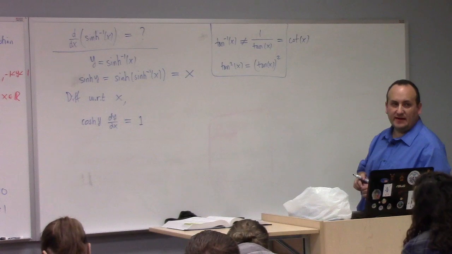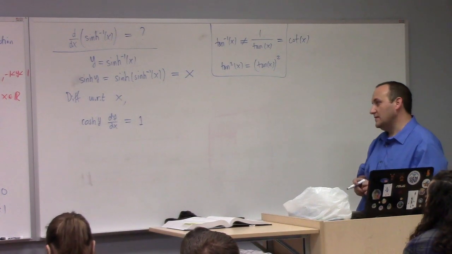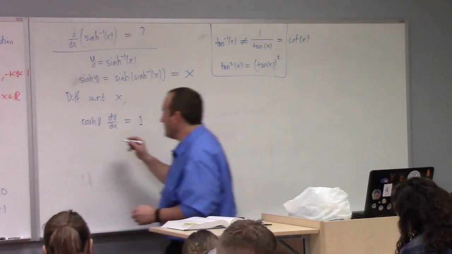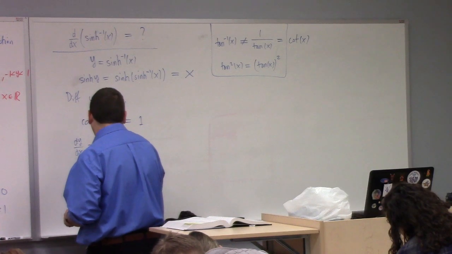And then dy dx is what I'm after, right? I'm trying to figure out the derivative of inverse hyperbolic sine. So I solve for dy dx, and this gives me dy dx equals 1 over cosh y.